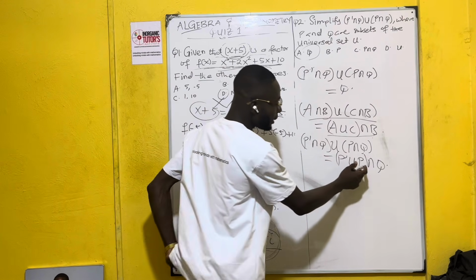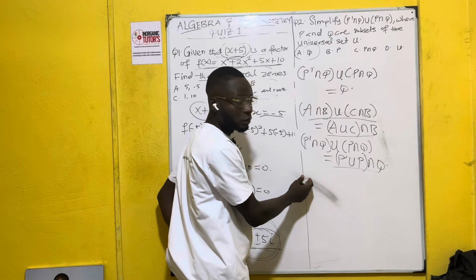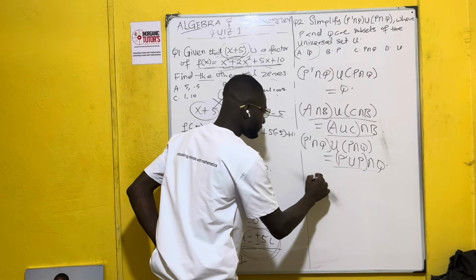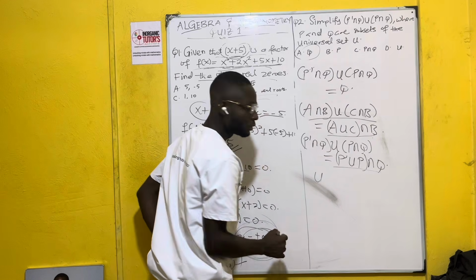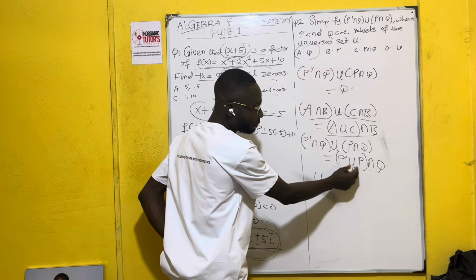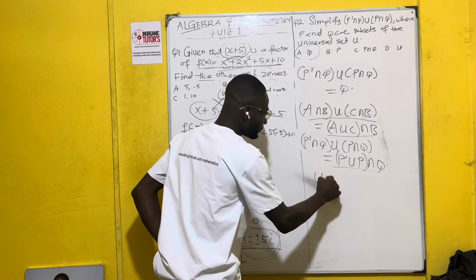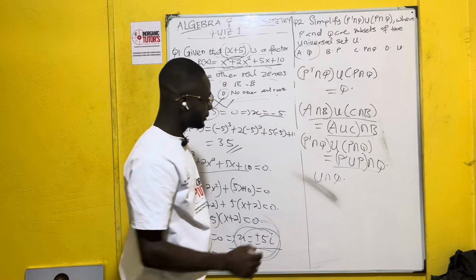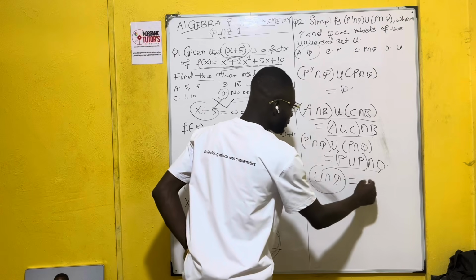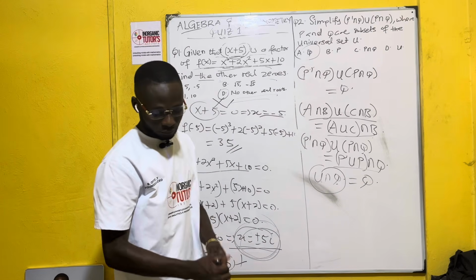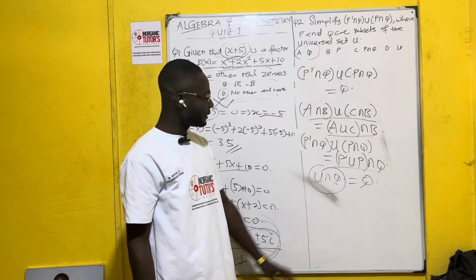Now, remember, according to the complementary law, we know that P prime union P will give us U, and so this will give us U intersection Q. And you know that this will result to what?